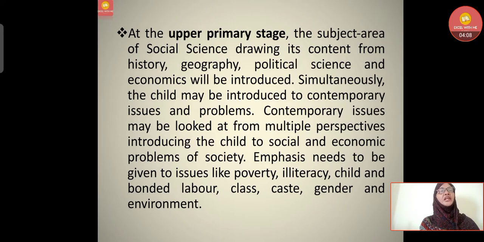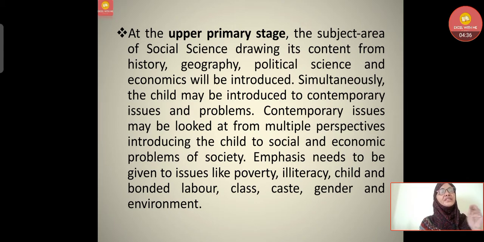Contemporary issues may be looked at from multiple perspectives, introducing the child to social and economic problems of society. Obviously, slowly they will have a little bit of maturity to understand the different social issues prevailing in the society and how to deal with them. Emphasis needs to be given to issues like poverty, illiteracy, child and bonded labor, class, caste, gender and environment.